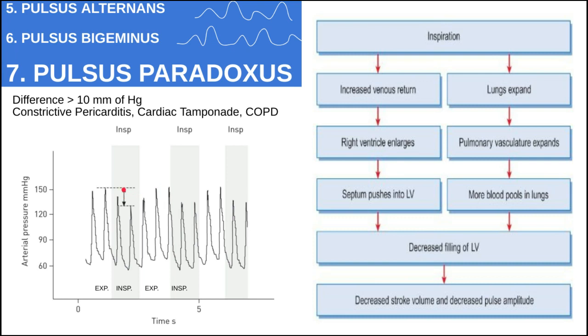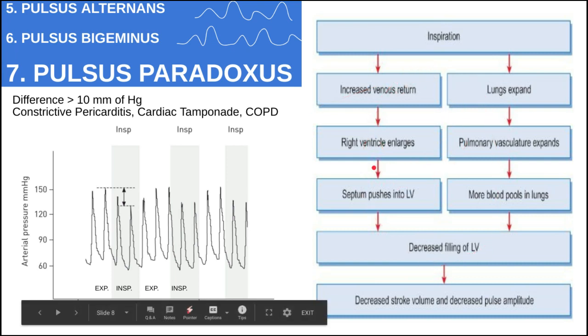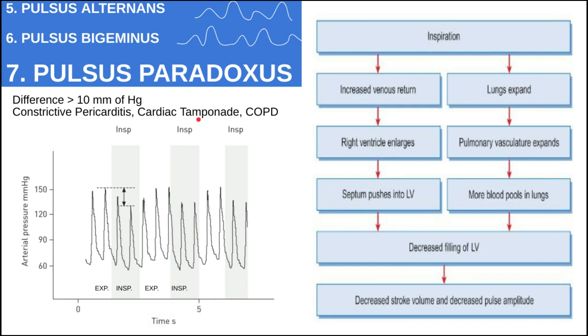So if this difference crosses the limit of 10 mm of Hg, in conditions like constrictive pericarditis, cardiac tamponade, and COPD, it is called pulsus paradoxus, because this same physiology is exaggerated in all these conditions, and the difference becomes more than 10 mm of Hg.